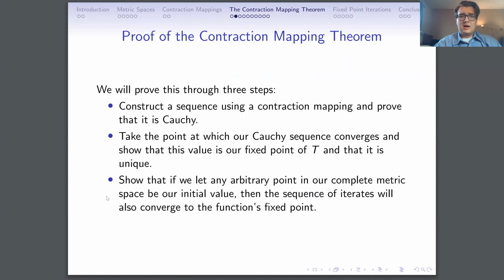Let's walk through this proof in three steps. The first thing we'll do is construct a sequence using our contraction mapping and prove that it is in fact Cauchy. Then we'll take the point at which our Cauchy sequence converges and show that this value is our fixed point and that it is unique. And finally, we'll show that if we let any arbitrary point in our set be our initial value, then our sequence will also converge to the fixed point.